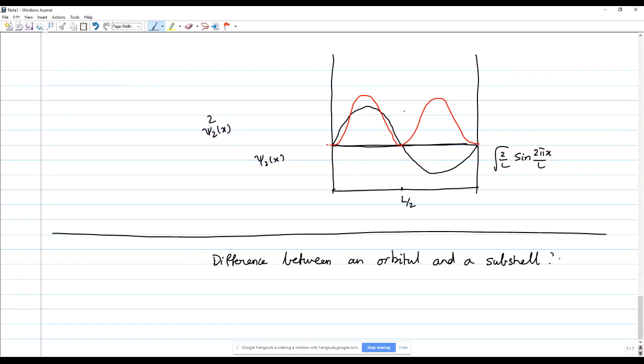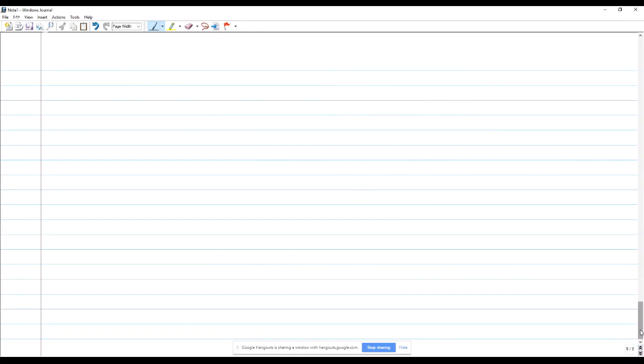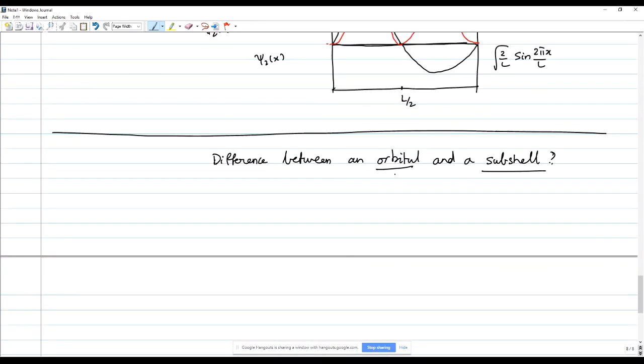Okay, let me clarify the term, because I do not understand the difference between the two, but let me understand what you mean by an orbital. Orbital is the full wave function.